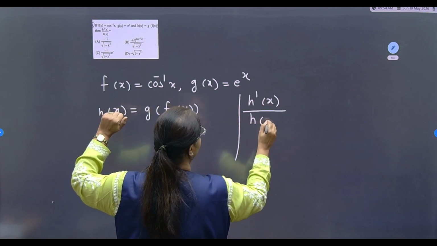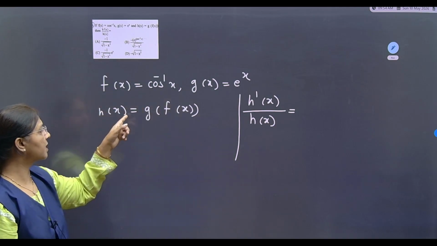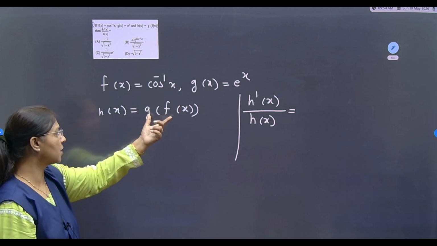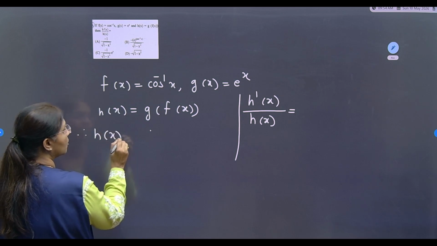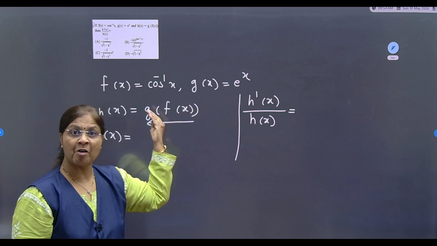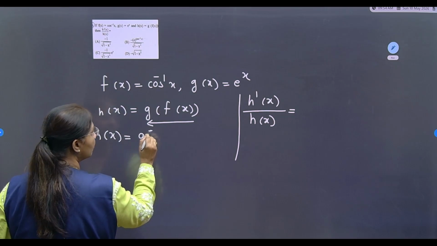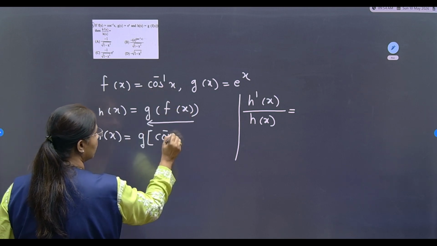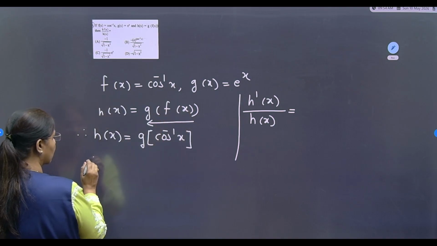First, we have to find h of x. h of x is equal to g of f of x, a composition of two functions. Start from the right side. g as it is; using f of x is equal to cos inverse of x, put f of x as cos inverse of x.